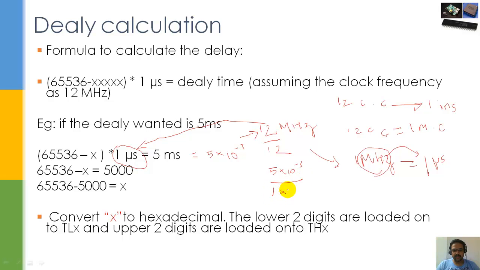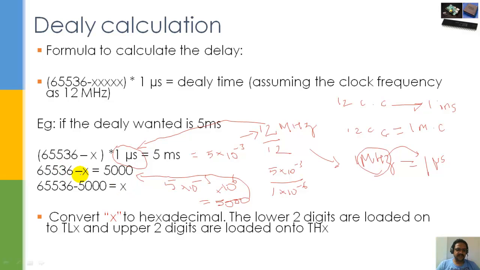Micro is 1 into 10 to the power of minus 6. So when this goes up, it is 5 into 10 to the power of minus 3 into 10 to the power of 6. This is nothing but 5 into 10 to the power of 3, or 5000. So that is what is written here.